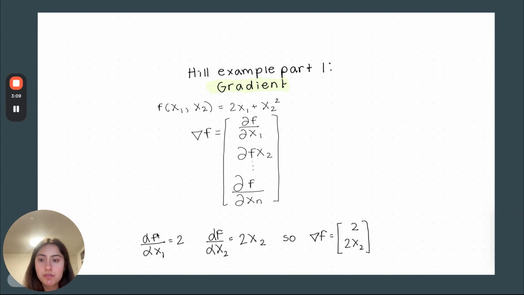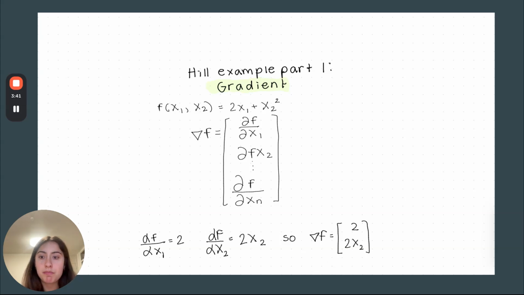The partial derivative with respect to x1 equals 2, and the partial derivative with respect to x2 equals 2x2 because we use the power rule. Therefore, writing that in vector form, the gradient, which can also be denoted as del f, equals (2, 2x2).